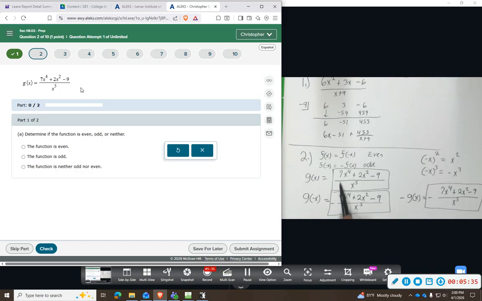This makes them different, so it is not even. Then we will compare the negative g of negative x to the negative g of x. Everything is the same, and we both have negative. So this tells me that this function is odd, has odd symmetry. And so therefore we will say the function is odd.